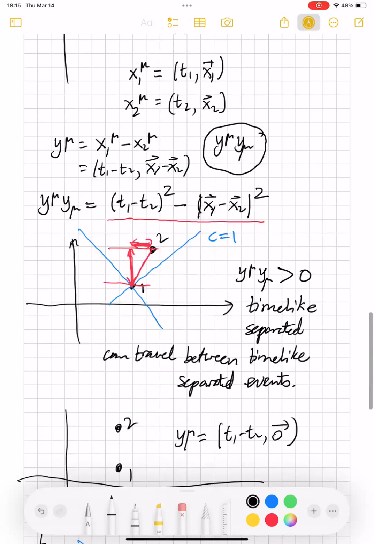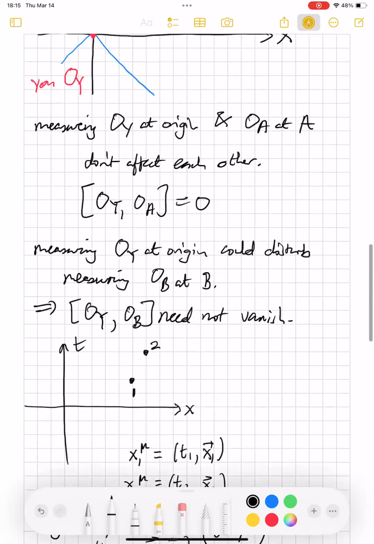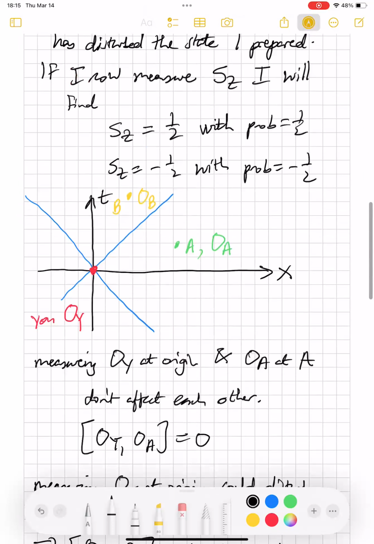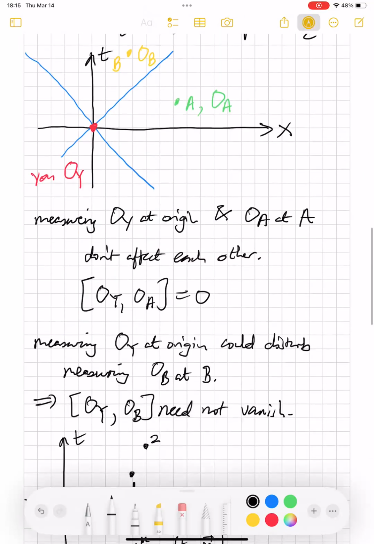So if we take a look now with this new language at the situation over here, we would say that the origin and A are a case where the 2 events are space-like separated. So OY and OA are space-like separated, whereas OY and OB are time-like separated.